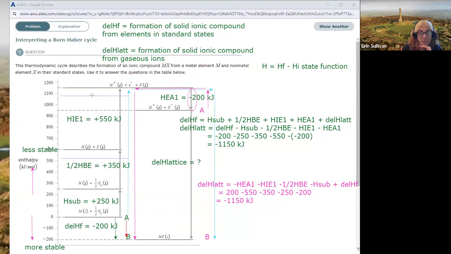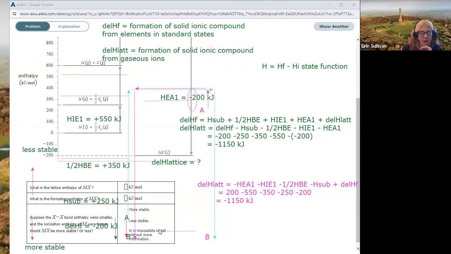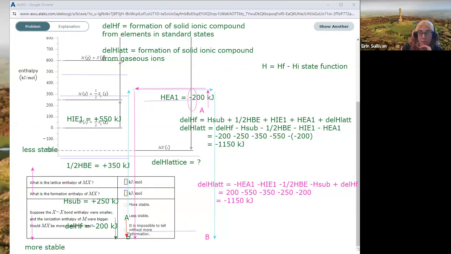It's actually going to depend, because if it got bigger by anything up to this amount, it's not going to change this line. This is going to stay the same. This is going to stay the same. But if it got a lot bigger, so much so that it pushed this line up, then if the electron affinity stayed the same, it'd be here. Therefore, the lattice enthalpy would be here. So actually, this is one of the examples which is impossible to tell without more information.